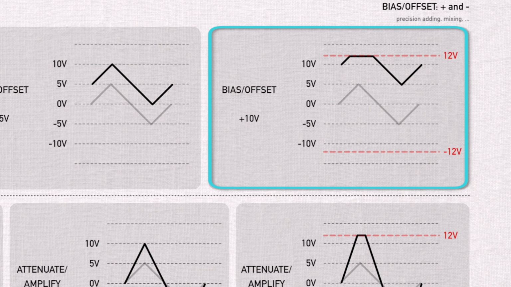And in theory, the wave would then just live between 15 volts and 5 volts, but in practice, because a Eurorack power supply only delivers voltages between 12 and -12 volts, you get something that is sometimes called running into the power rails.